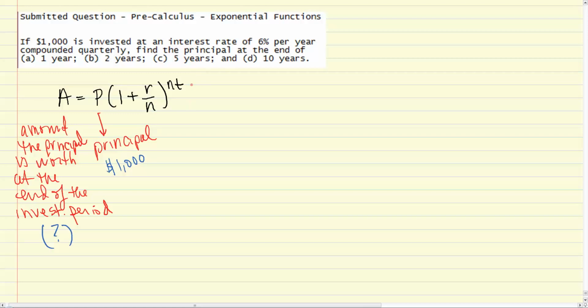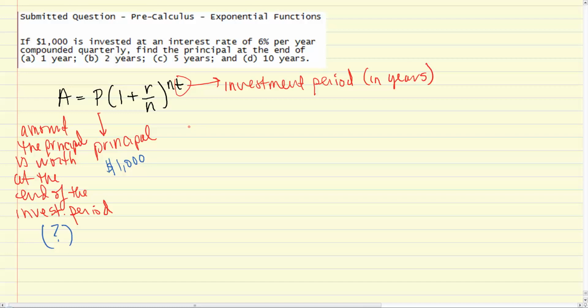The t is the investment period. Typically it's in years. Doesn't have to be, but typically it is in years. It's most intuitive to think of it in years, but just as a side note, it doesn't matter what the period is so long as the period that you're talking about is the same between r, n, and t.